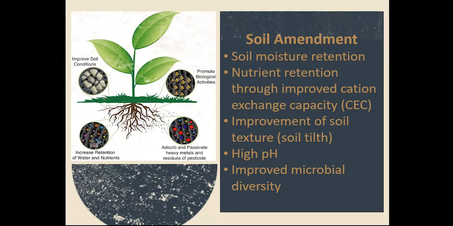And then lastly, we can improve microbial diversity. Biochar has been referred to as the house for microbes, and it's a place where microbes in those tiny porous holes can live and hide, and we get an increase in microbial activity in our soil, which is a good thing for soil nutrient cycling.